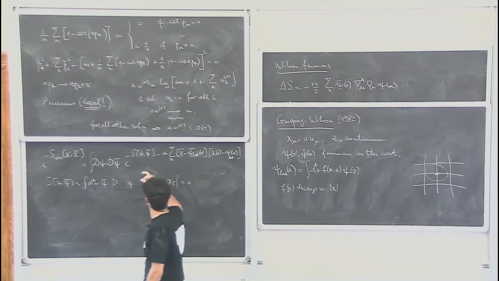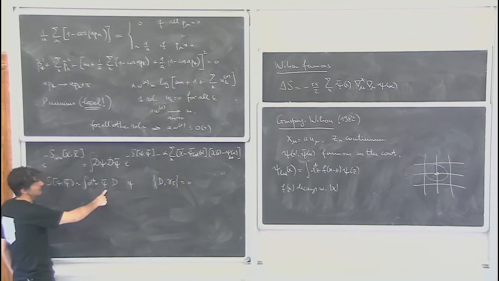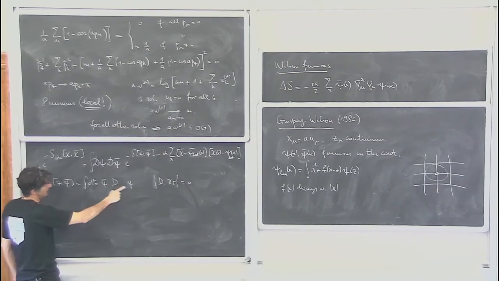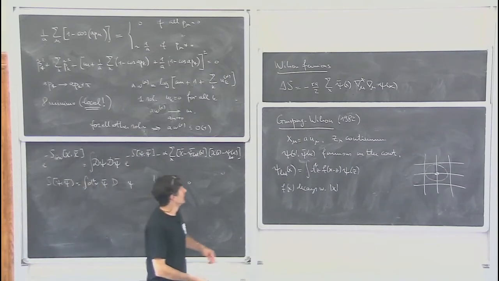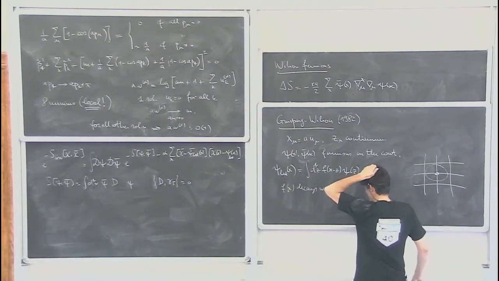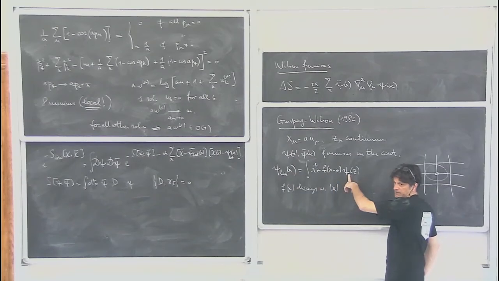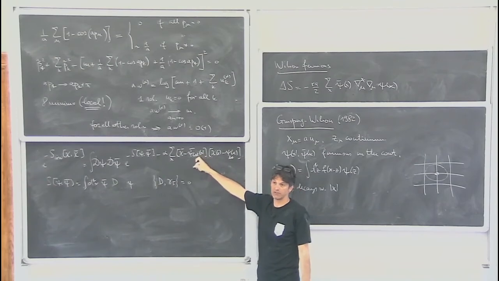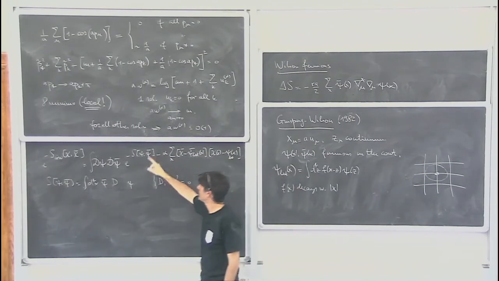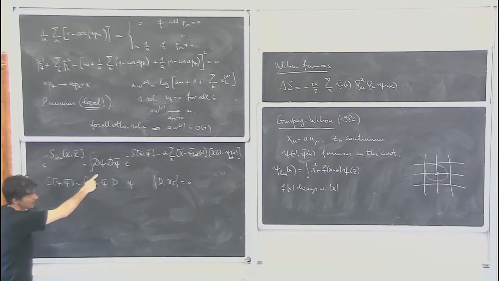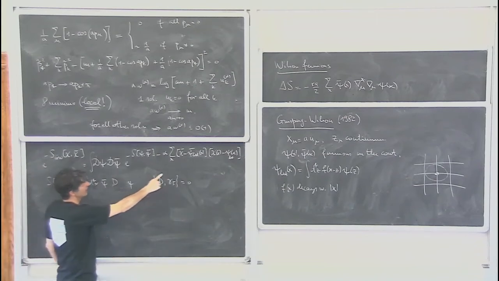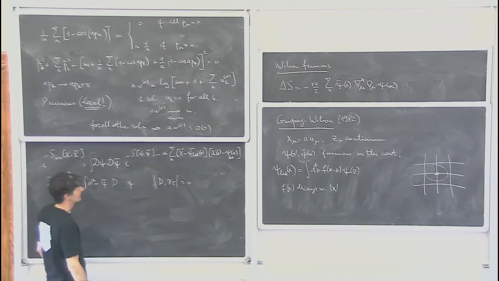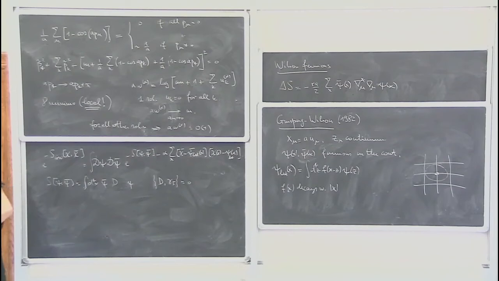And now you see this object here is quadratic in psi and psi bar. These psi lat are linear in psi. Okay? So again, this is a quadratic form which has a psi bar and a psi. So at the end of the day, this is just the integral. It's a Gaussian integral in psi and psi bar. Okay? And as usual, with a shift, which is given by chi and chi bar.